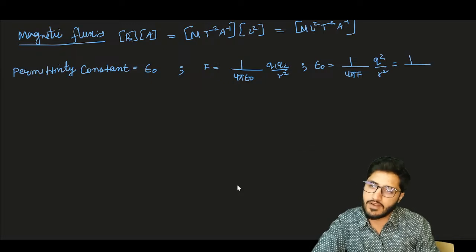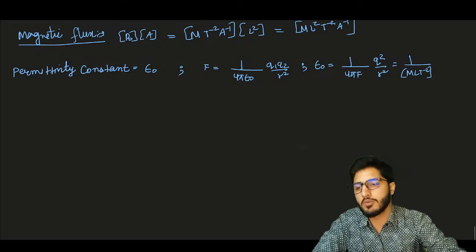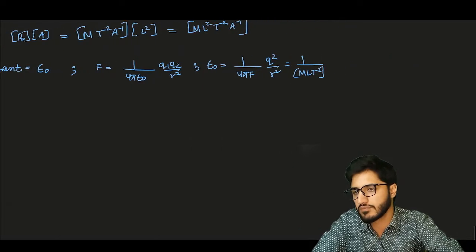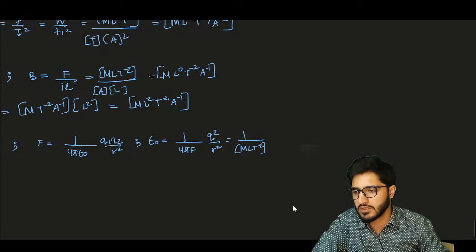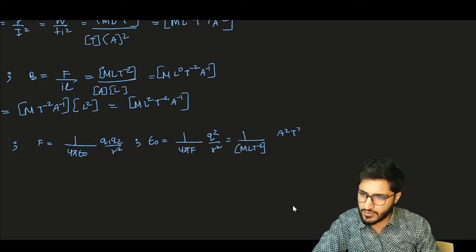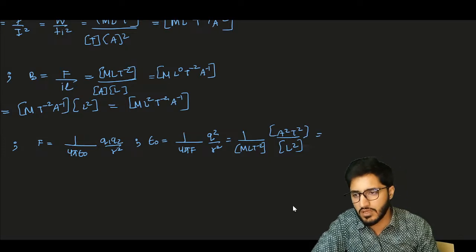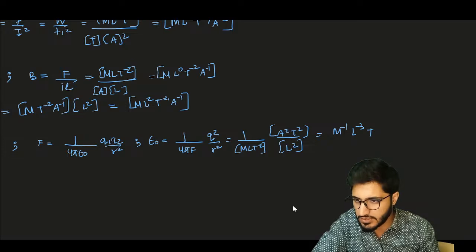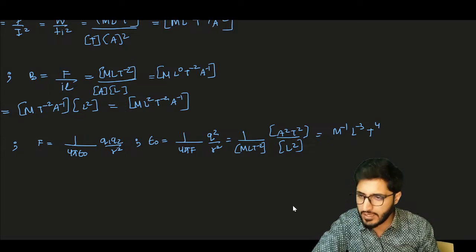So I can write 1 divided by MLT^-2. Charge is current into time, AT, so A square T square, whole divided by L square. So it would be equal to M^-1 L^-3 T^4 A^2.